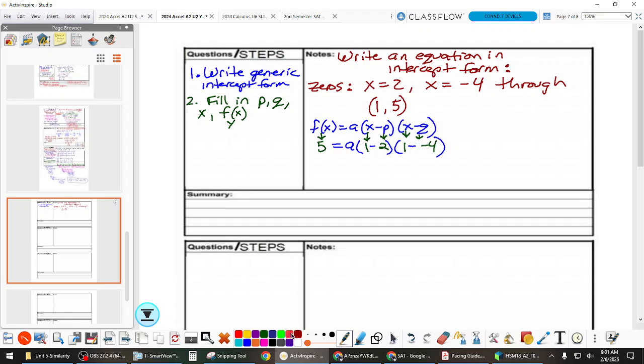Okay, step 3, solve for A. At this point, that should be a formality. So 1 minus 2? -1. 1 plus 4? 5.